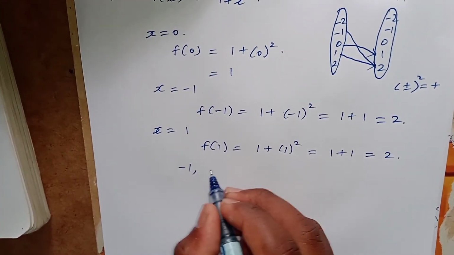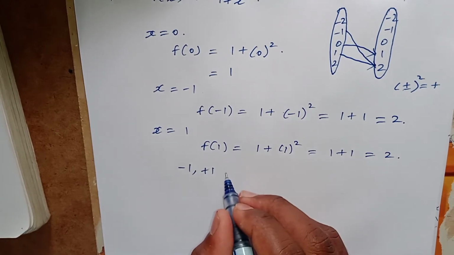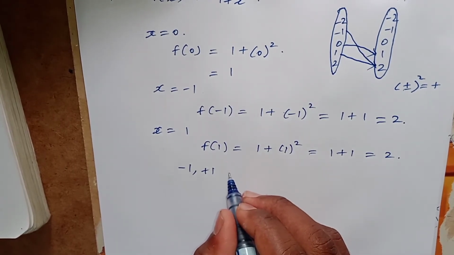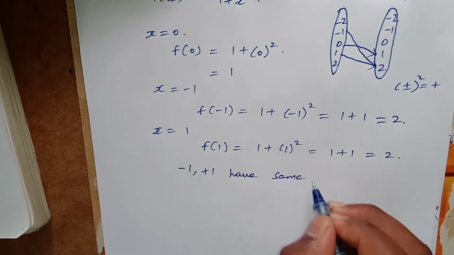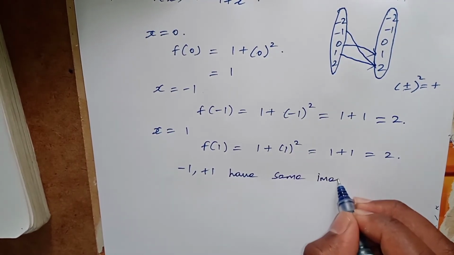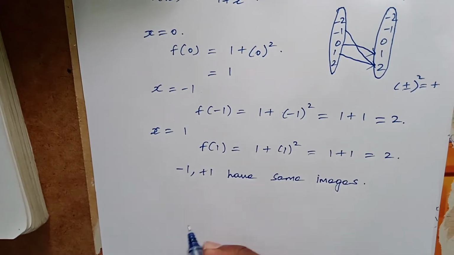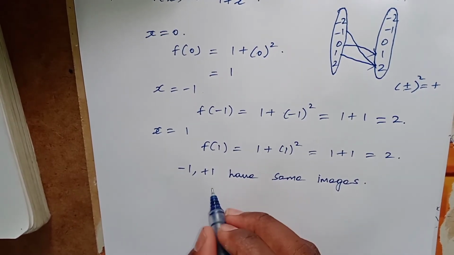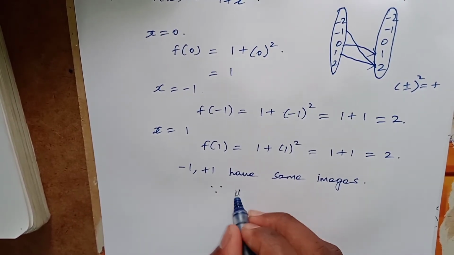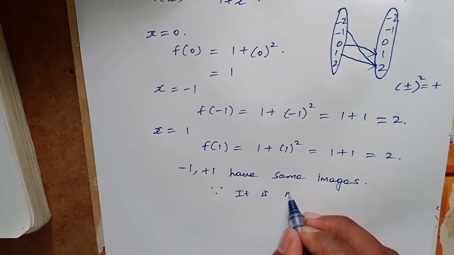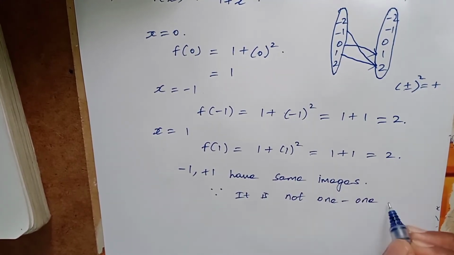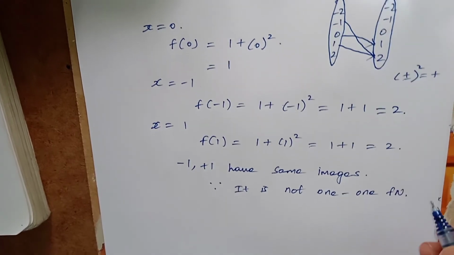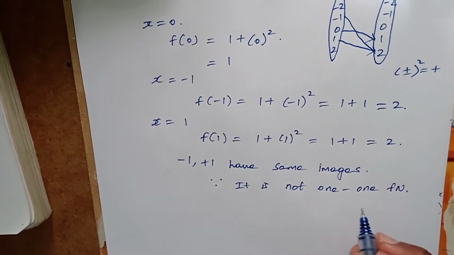Minus 1 and plus 1 have the same images. Therefore, it is not a 1-1 function. Not 1-1 function means here it is many to 1.